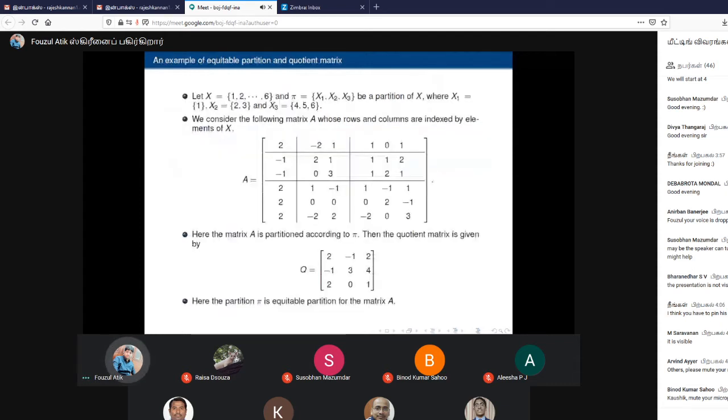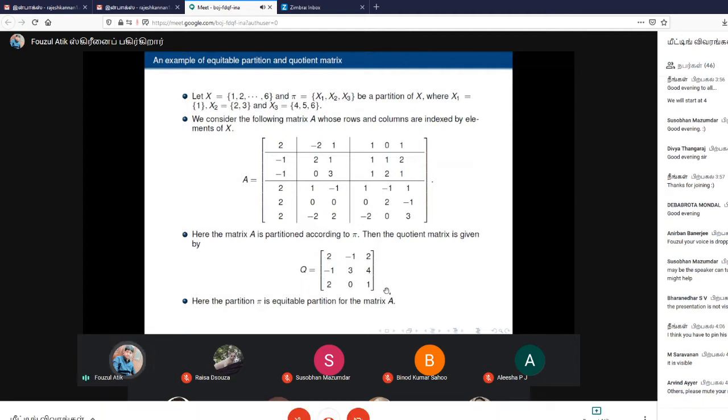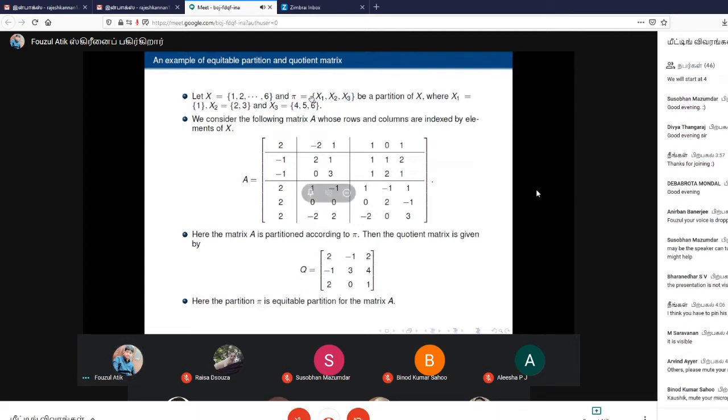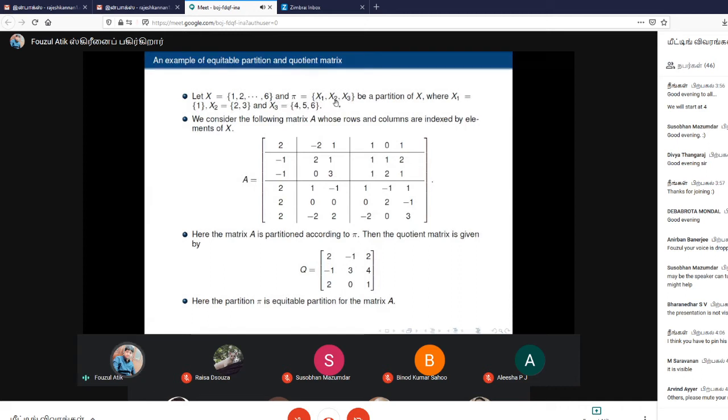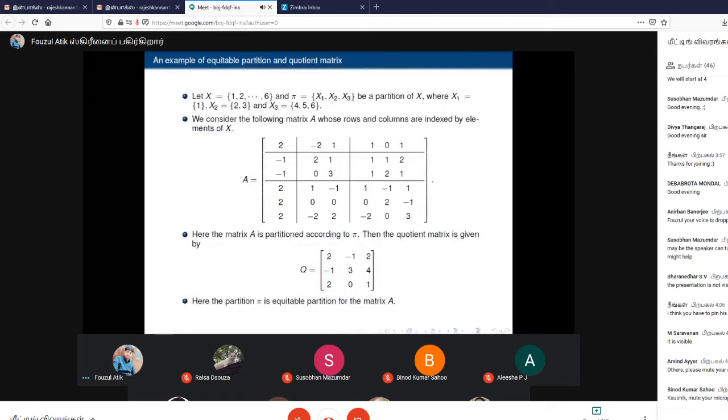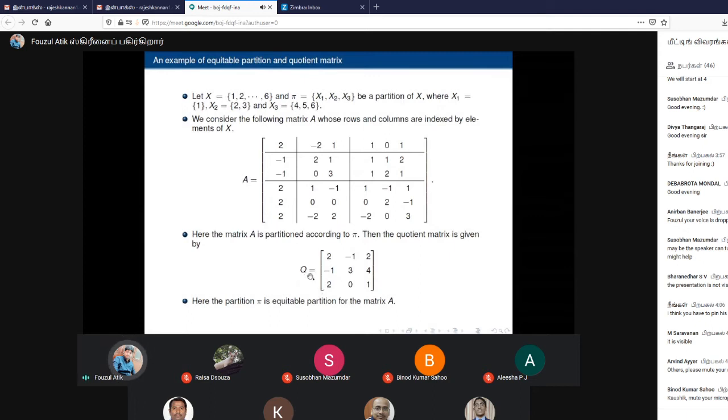We have an original matrix A with an equitable partition. From that, we find a quotient matrix Q, a 3 by 3 matrix, because we had three partition sets. That result says that all the eigenvalues of the small matrix Q are also eigenvalues of the original matrix. Sometimes this result is very useful.